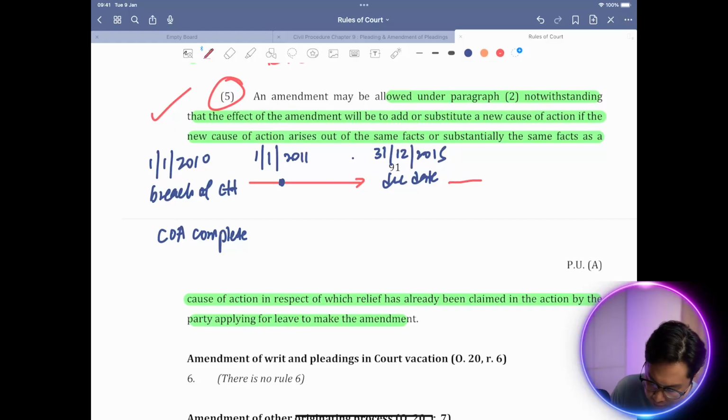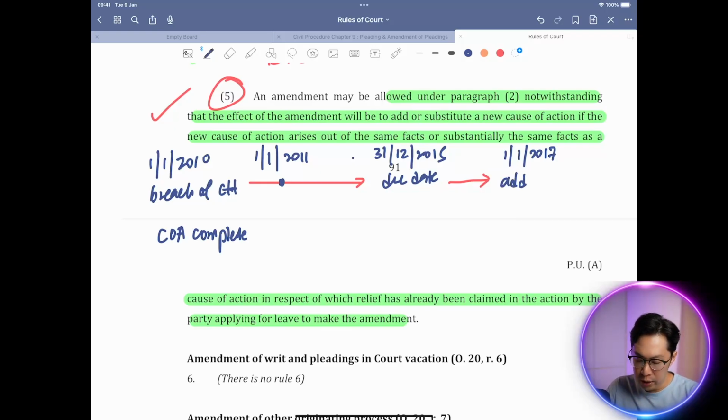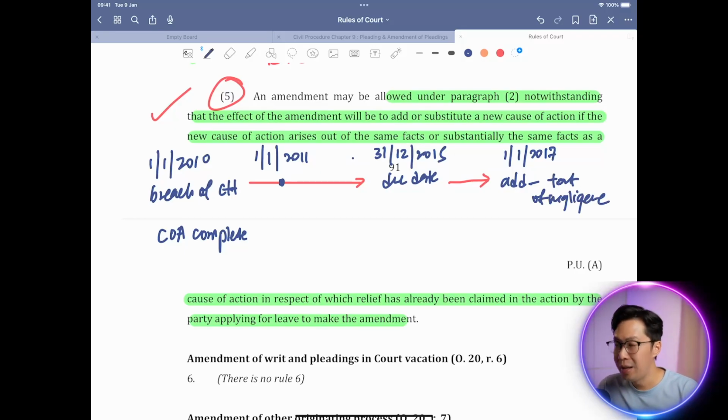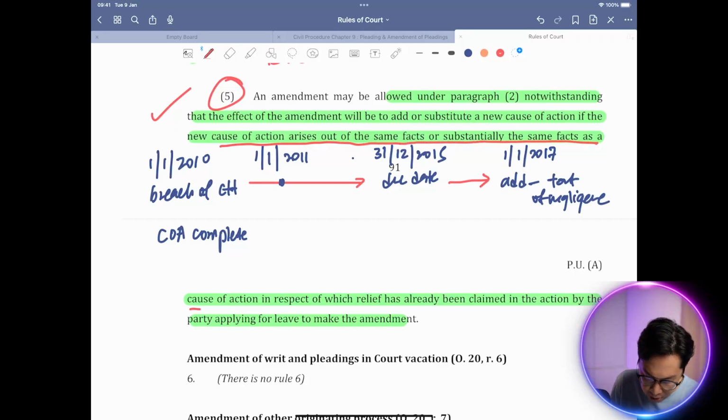Suddenly now, 1st of January 2017, Alex wanted to add a new cause of action, which is tort of negligence. Can or cannot? Can, if the new cause of action arises out of the same fact, substantially the same fact as the cause of action in respect of which the relief has been claimed.